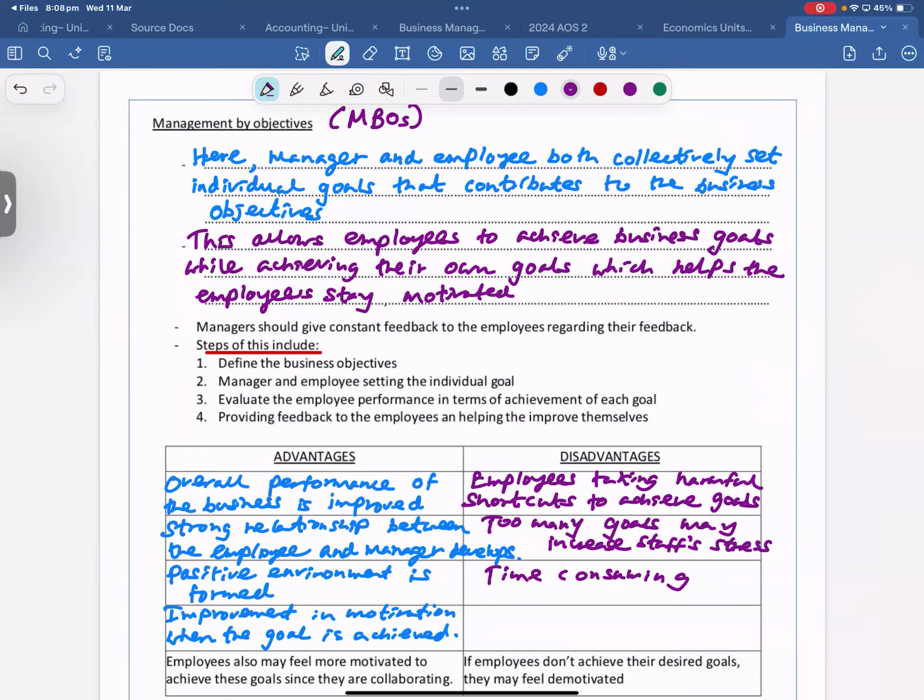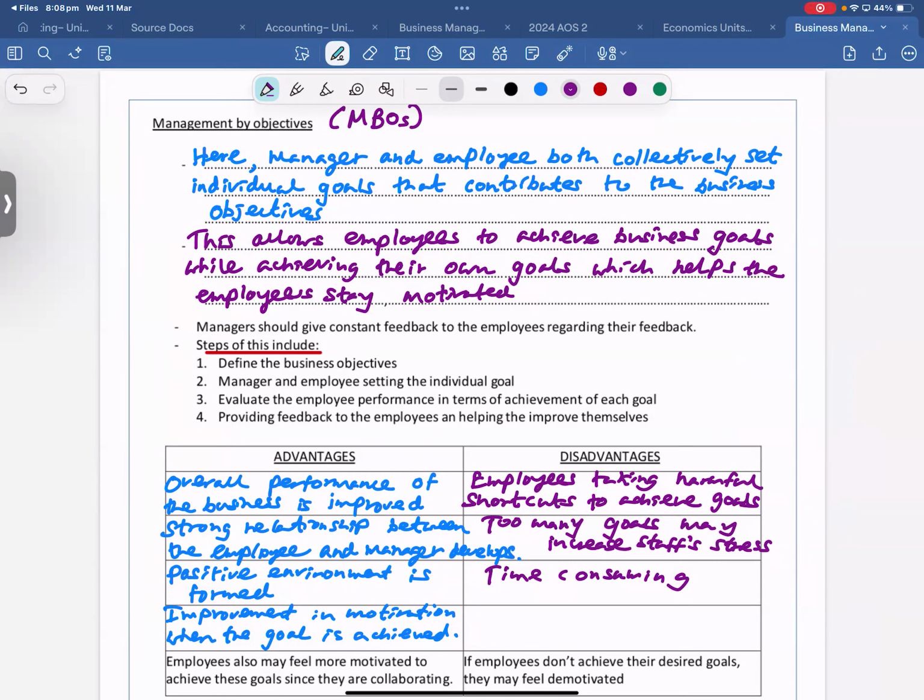The objectives that we achieve are treated as a benchmark for us to get the next promotion, to gain career advancement and things like that. So our overall performance is evaluated from the MBOs.